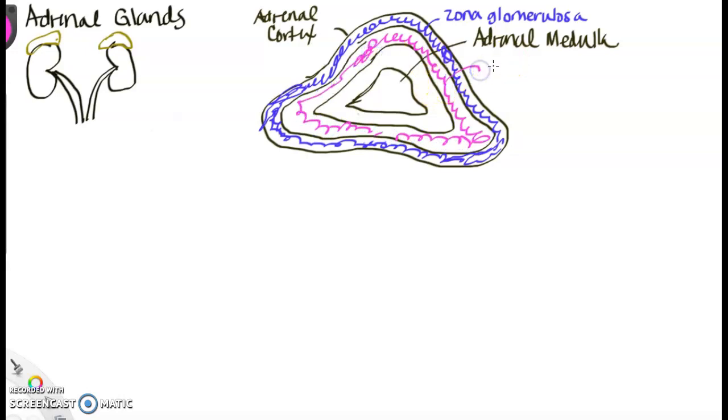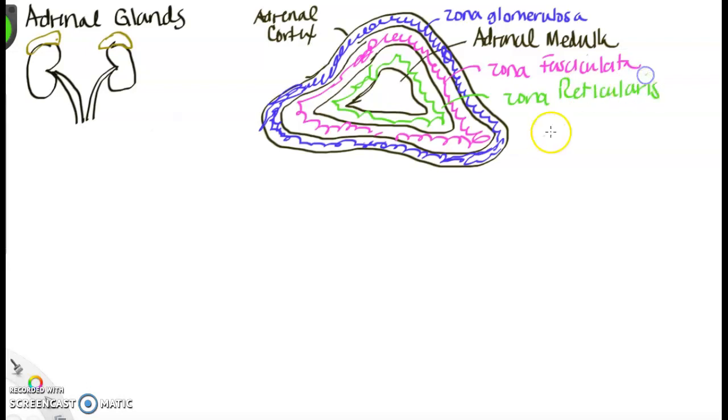So this one is called the Zona Vesiculata. And the innermost one, which we'll do a green, is called the Zona Reticularis. And each one of these secretes a certain type of hormone. And these are all steroid hormones.